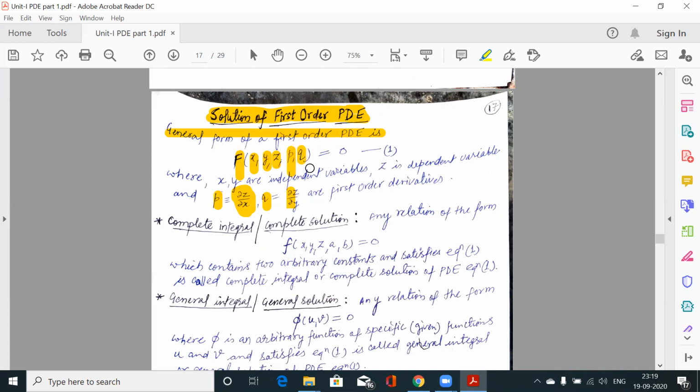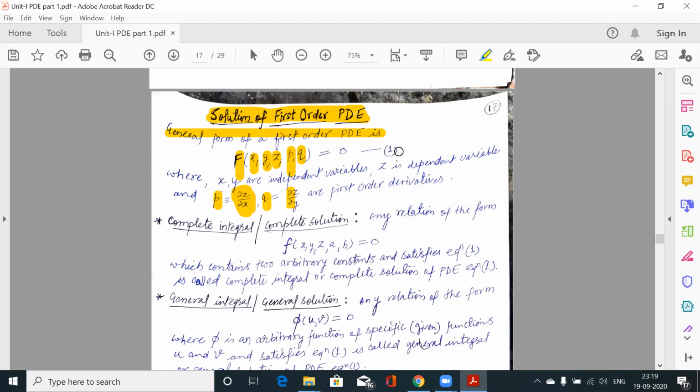This equation may be anything which includes p and q as derivatives, either p or q or both, and not more than these first order derivatives. It will not include r, s, t, the second order derivatives or higher order derivatives. It can include only the first order derivatives. This type of equation, the first order PDE, we have to solve.